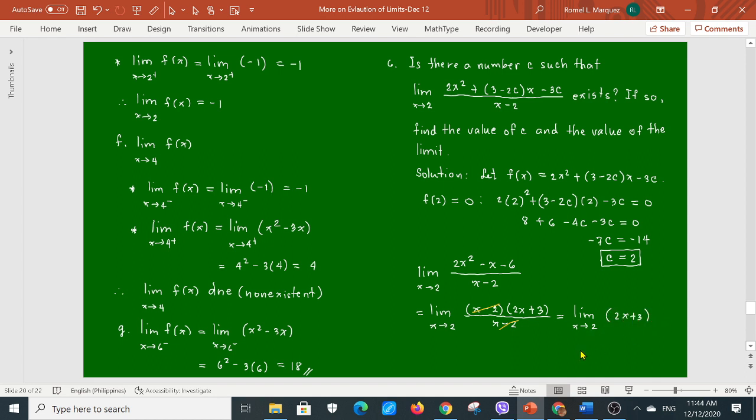So the limit now is equal to 2 times 2 plus 3, which is equal to 5. So this is the limit that we are looking for. Okay? So again, there is a number c that will make the limit exist, and we can find the limit, and the limit is equal to 5.